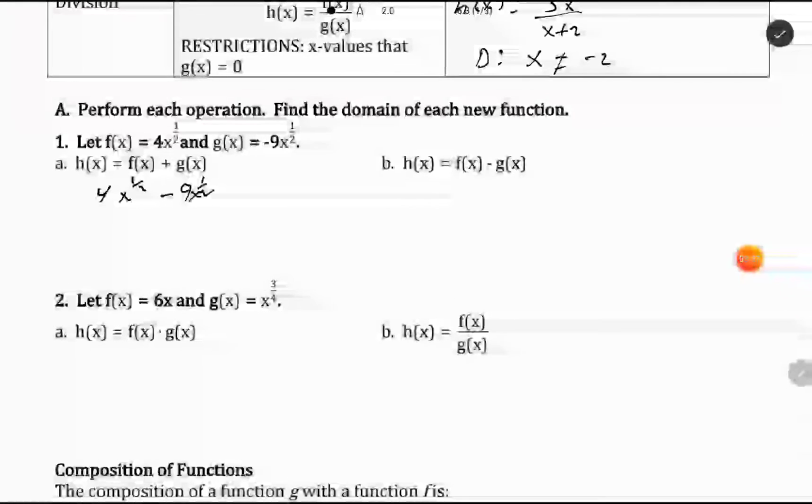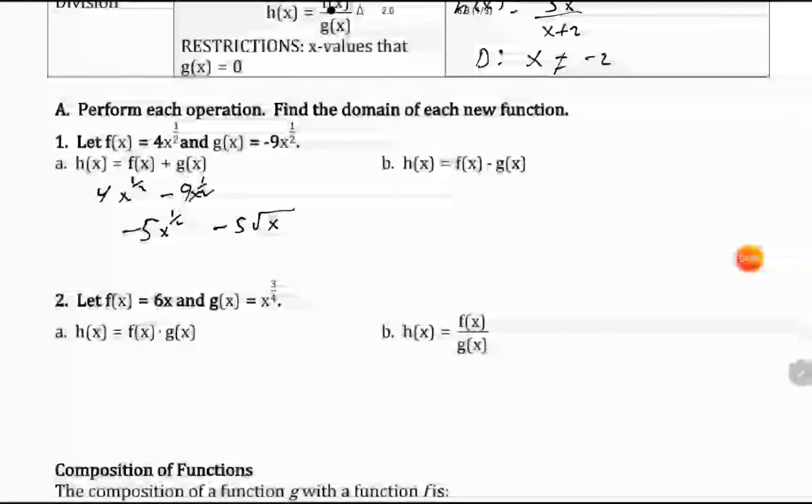How many apples is that? Negative 5 apples, where apples is x to the 1/2. Then we're going to write this in square root form or radical form. So this is negative 5 times x to the 1/2, which is the square root. Remember, 1/2 is the same as square root.